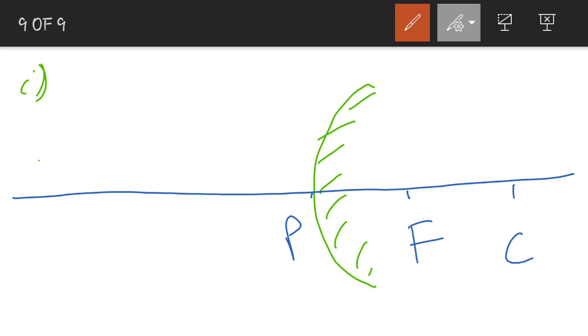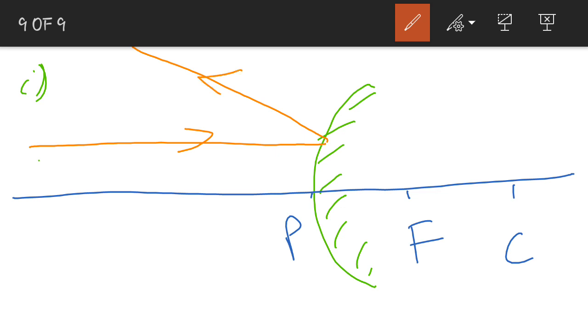Here we are taking a line parallel to the principal axis. So this is light incident parallel to the principal axis. So this will be our reflection, and we have to show that the reflection passes through the focus.